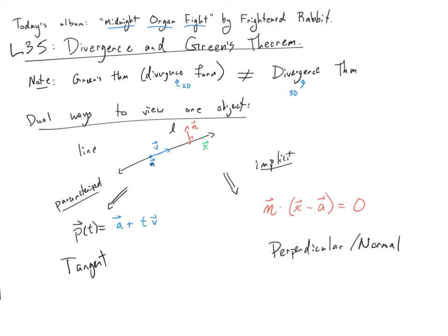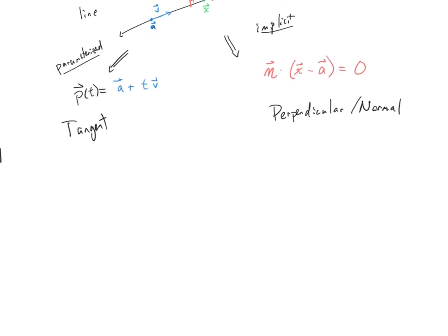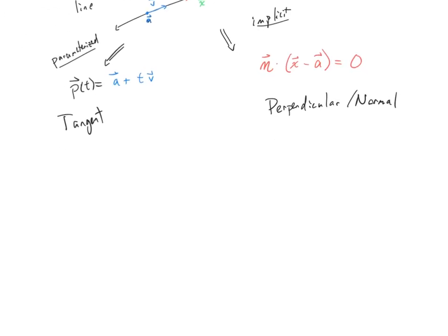And so in view of that duality, we have a new version of Green's theorem, which is going to fall under this normal column. But let's justify that our previous one had to do with the tangent version.